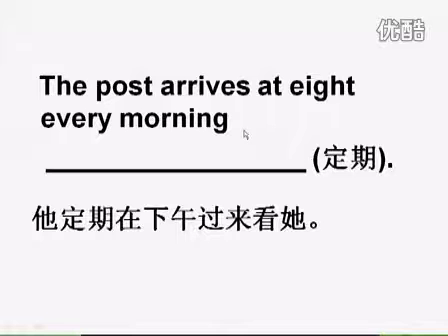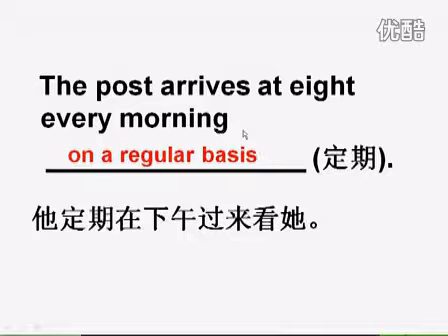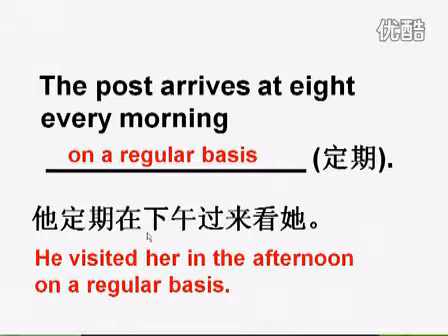So, the phrase should be, on a regular basis, somehow like regularly. 那所以这个词定期照常，我们说就跟我们所说的副词 regularly 是一样的意思。好，那么这句话大家看一下怎么去翻译。他定期在下午过来看他。Well, he visited her in the afternoon on a regular basis. Or you can also change it into he visited her in the afternoon regularly. Right? Okay, now let's move on to another one.